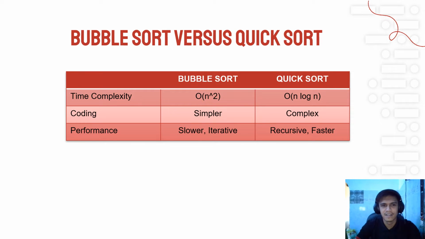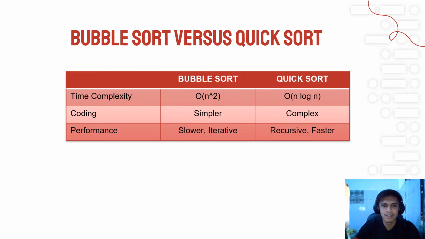Next, the difference between the bubble sort and quick sort, in terms of time complexity, coding, and also performance. So, first, what is meant by time complexity? Time complexity is the computational complexity that describes the amount of computer time taken to run an algorithm.